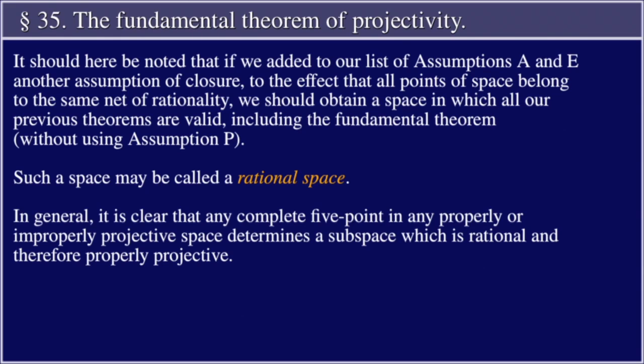In general, it is clear that any complete 5-point in any properly or improperly projective space determines a subspace which is rational, and therefore properly projective.